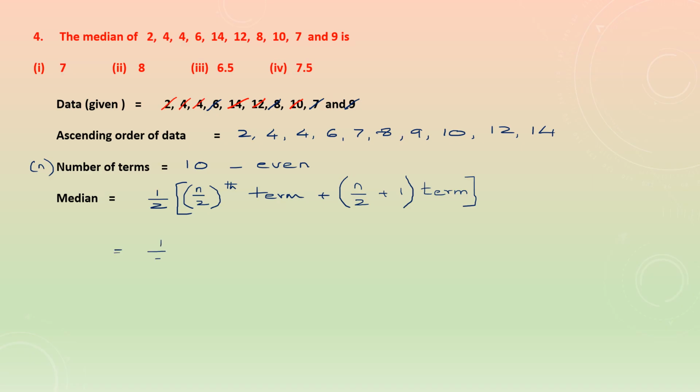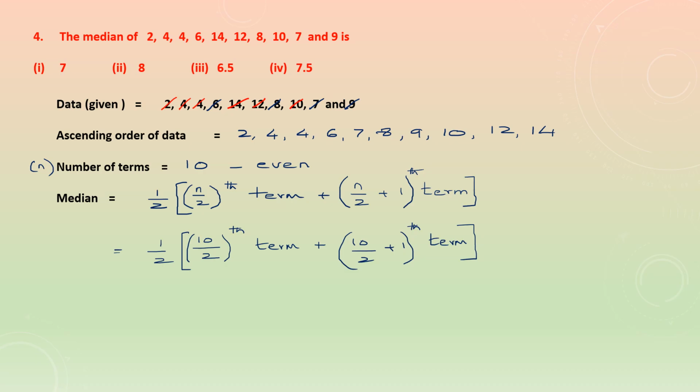So this is 1 by 2 into, now n by 2, and n is the number of terms, that is 10 by 2. This term, 10 by 2, plus 10 by 2 plus 1, this term also. So when we add this up and divide it by 2, we get our answer.